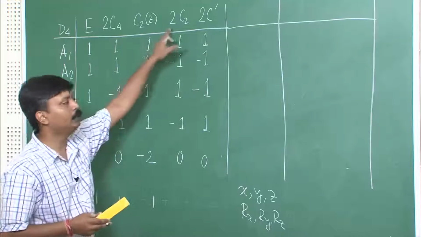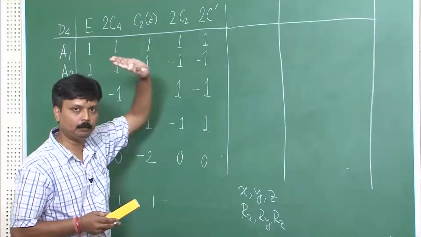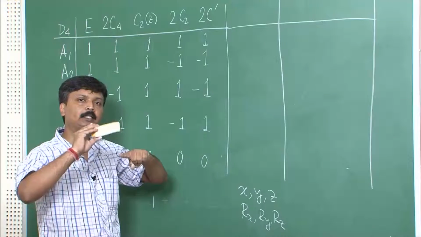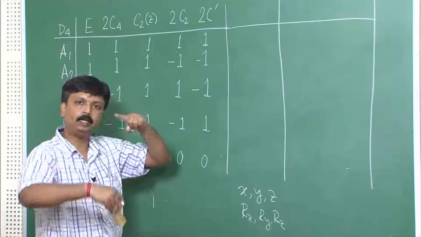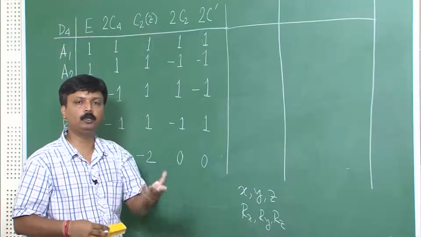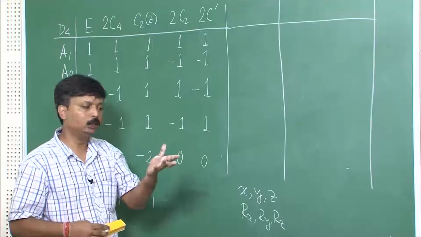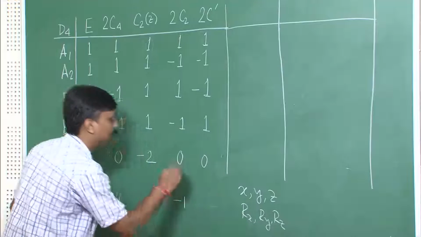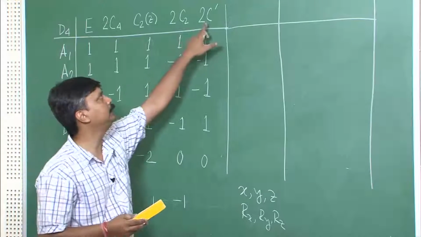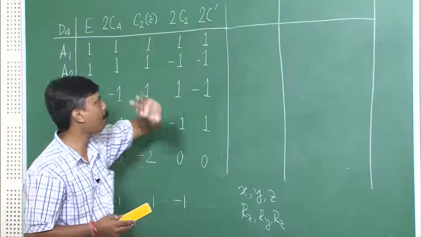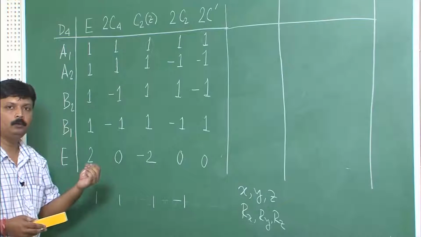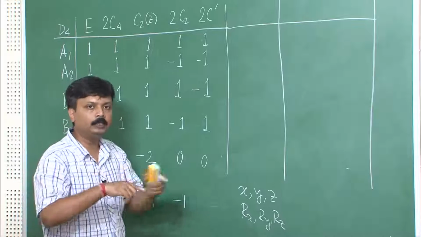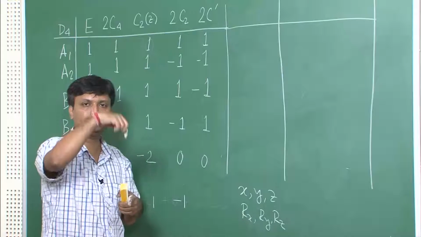Now for C2x, suppose, what will C2x do? C2x will change z to minus z, correct? So will be done by C2y. So that will give you a -1 as character. So this is -1, and C2 prime will also do the same thing, because all C2s are perpendicular to this z axis, correct?